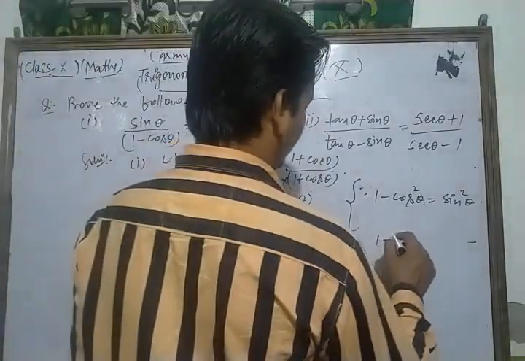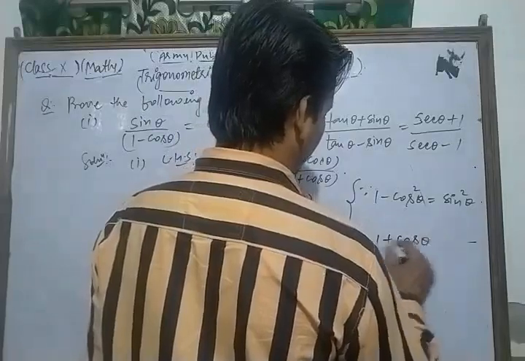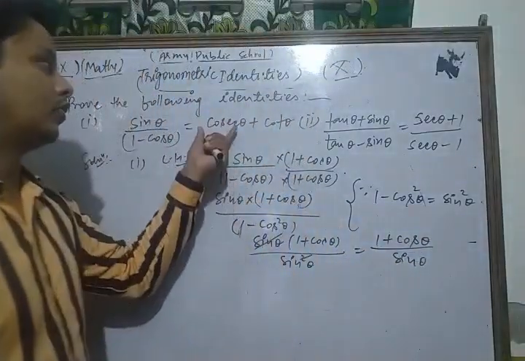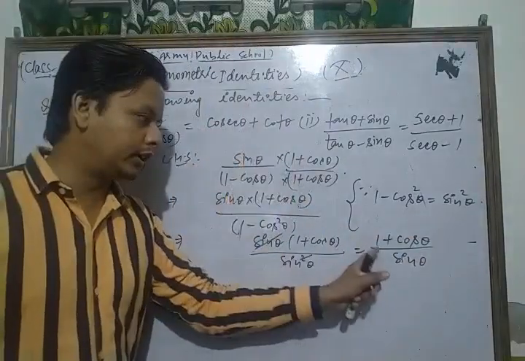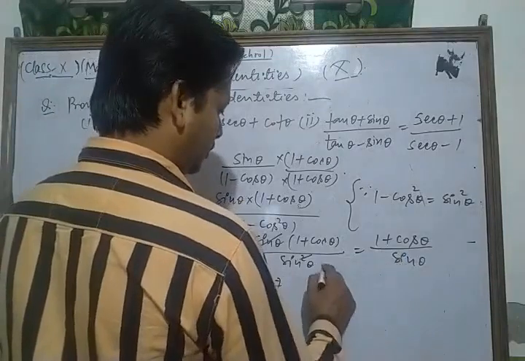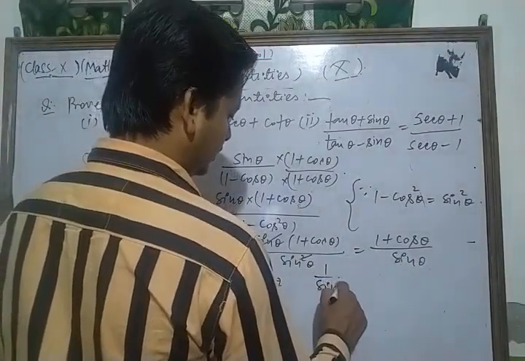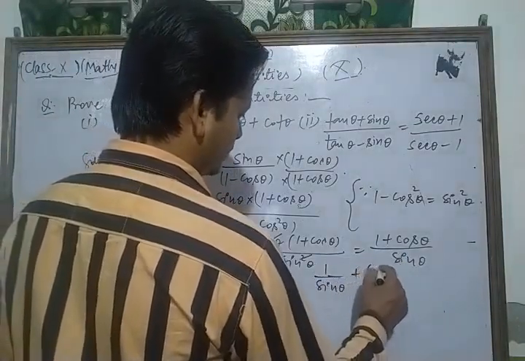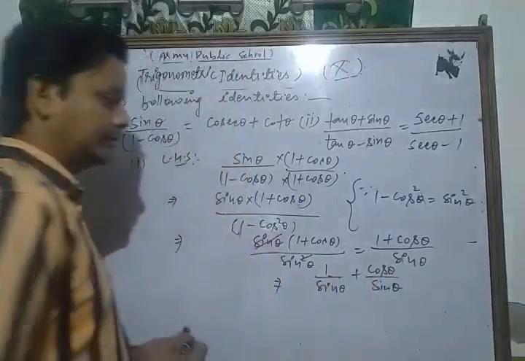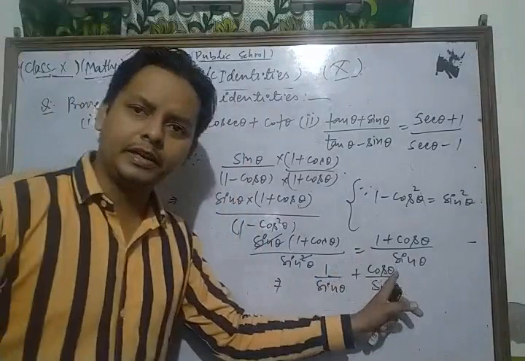We get 1 plus cos theta upon sin theta. But we have to show cosec theta plus cot theta. So here we separate the terms. We can write 1 upon sin theta plus cos theta upon sin theta. We can separate in this way.